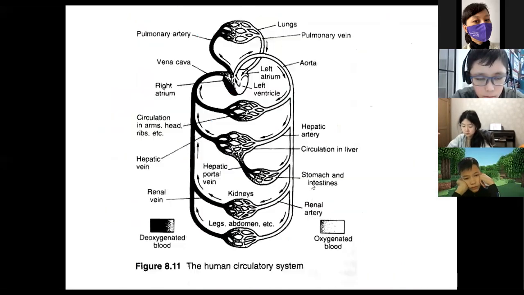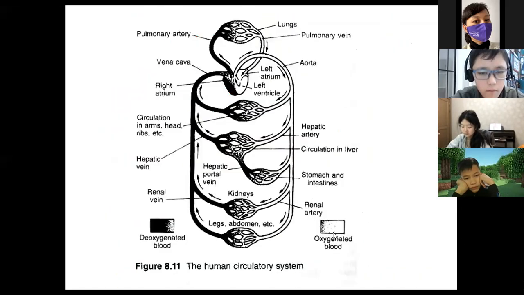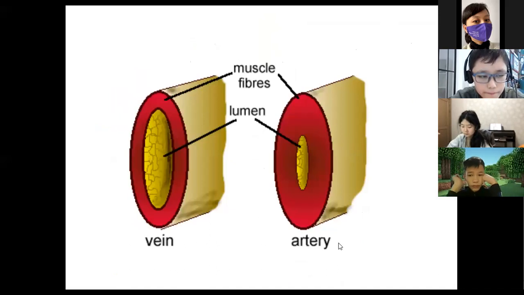If we compare the structure of the vessels in artery and vein, look at it. Artery has a thicker wall. All of the internal organs have smooth muscle, not skeletal, not cardiac.